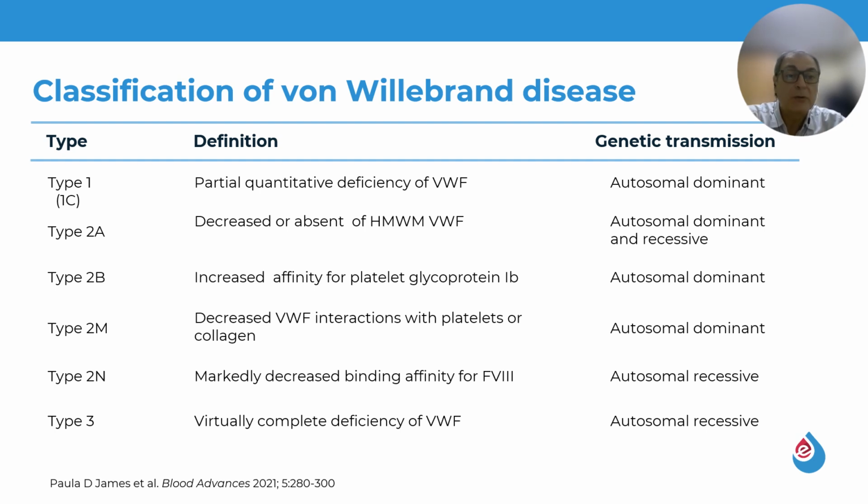Type 2M is due to decreased von Willebrand factor interaction with platelets or collagen, and Type 2N is characterized by markedly decreased binding affinity for factor VIII. The panel approached this guideline within the framework of this classification system with the addition of one subtype, Type 1C, which is caused by increased von Willebrand factor clearance.